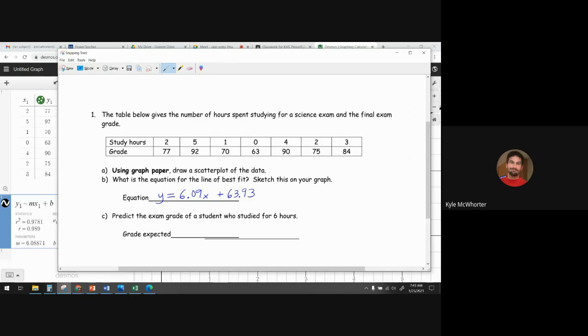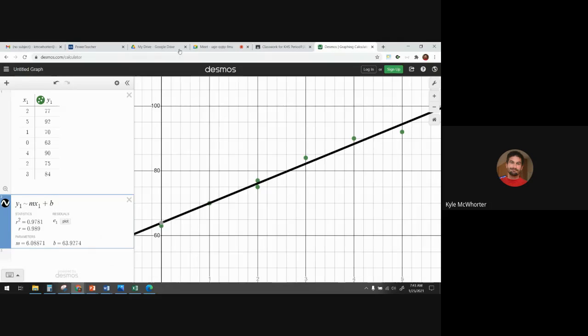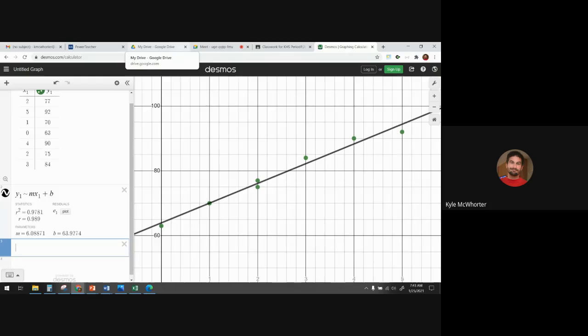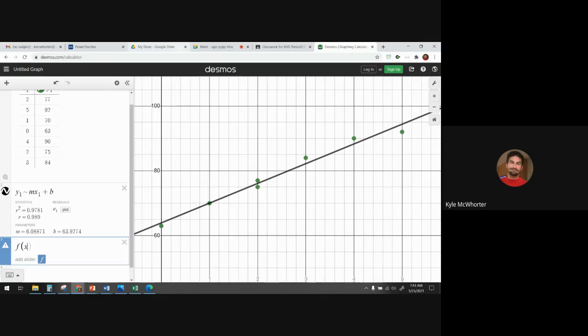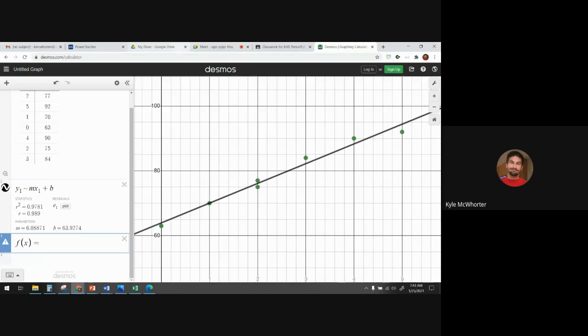So here's a nice thing we can do back at our calculator. I can write an equation or a function. Let's let f of x equal, I'm just going to write mx plus b, and it'll automatically use our values of m and b.